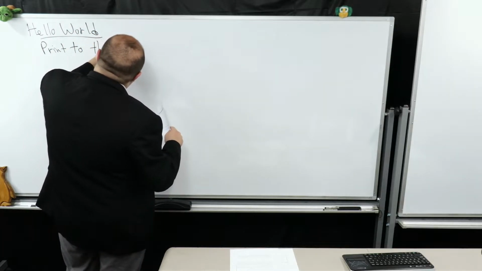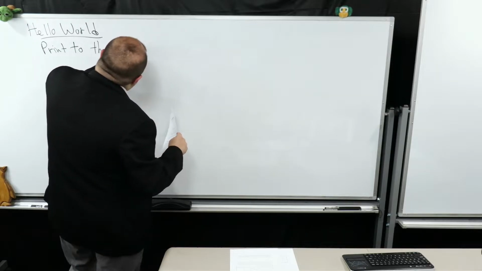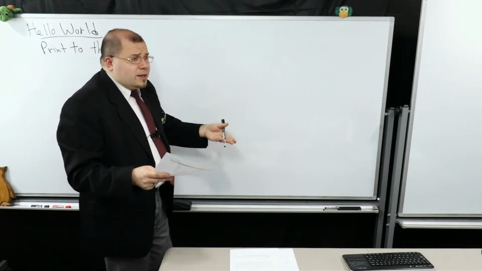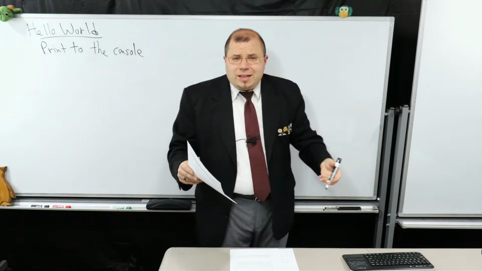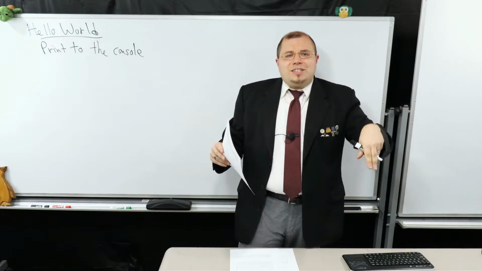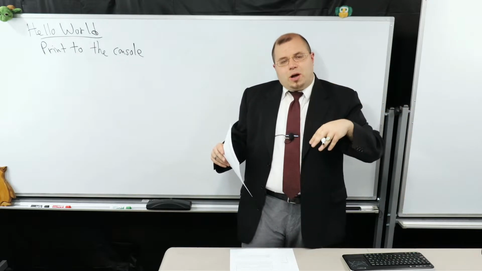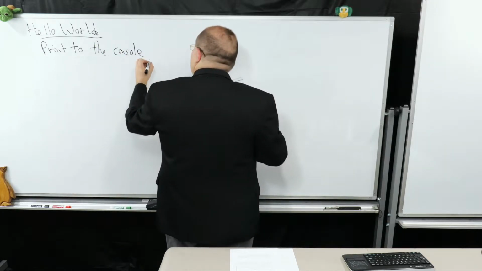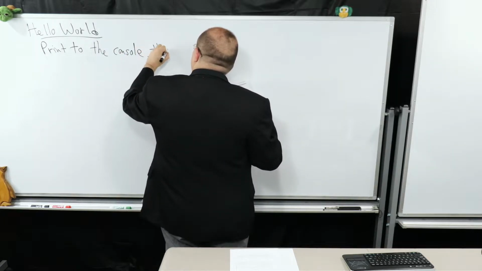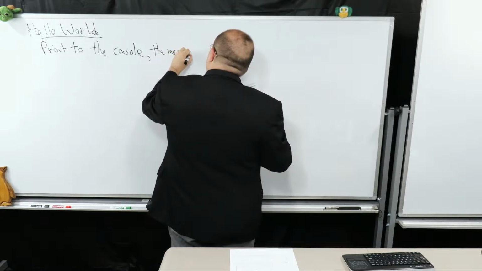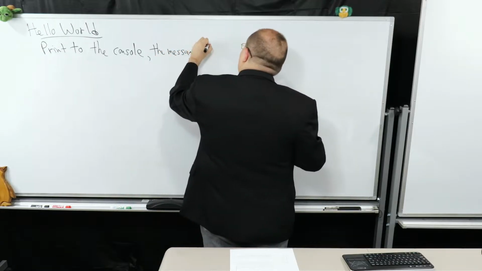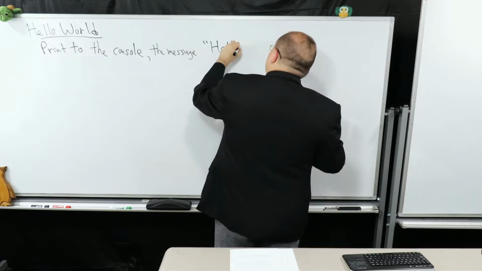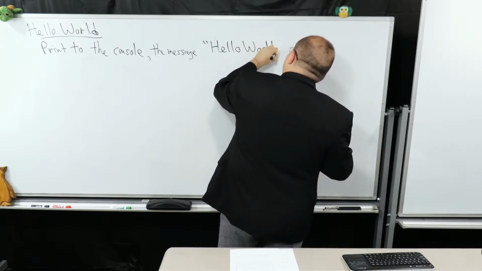So the console is just a display area that would appear normally in a console-based interface, like command prompt, but you can actually see it in Eclipse at the bottom for our results. So we're going to print to the console the message, Hello World.